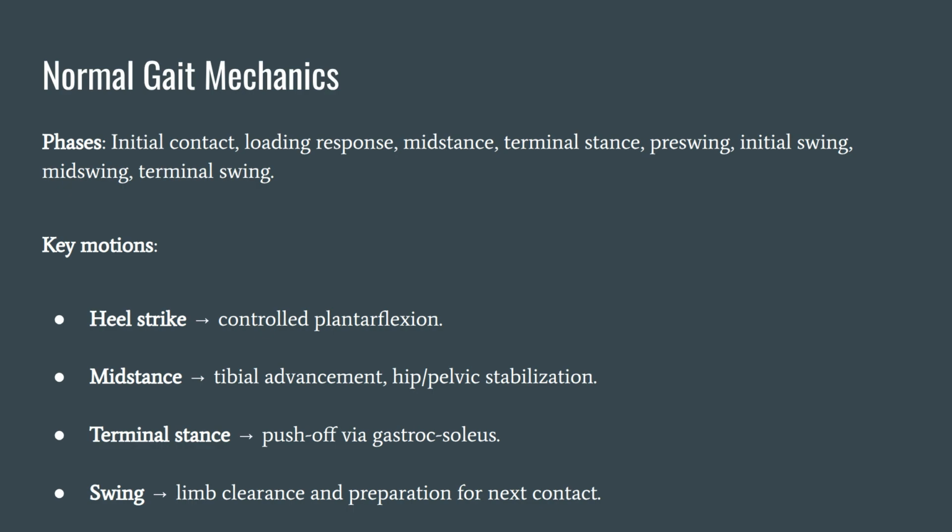At terminal stance, the goal is forward propulsion. At swing, the goal is limb clearance and preparation for the next step. If a deviation appears in a phase, it tells you which goal is not being met.